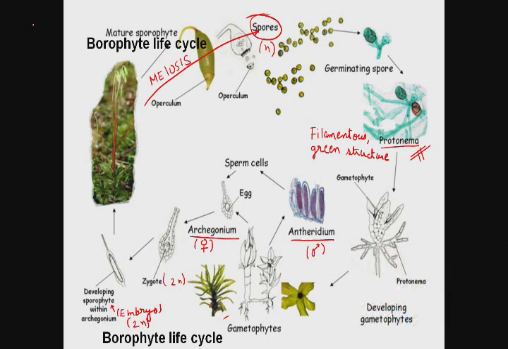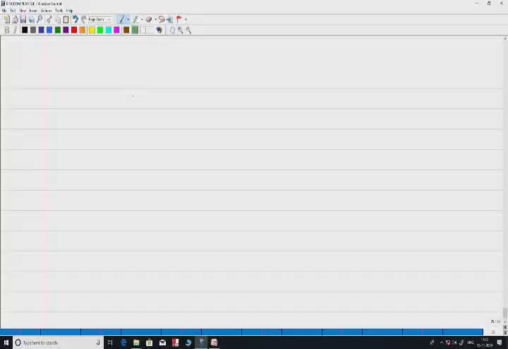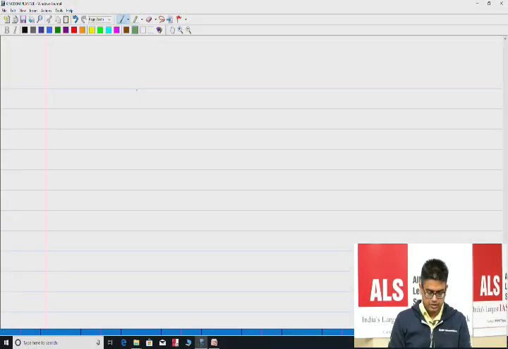Alright, so this is about Bryophyta. Let me continue. Mosses. And one more thing, examples of liverworts. Examples of liverworts, let us complete that part.